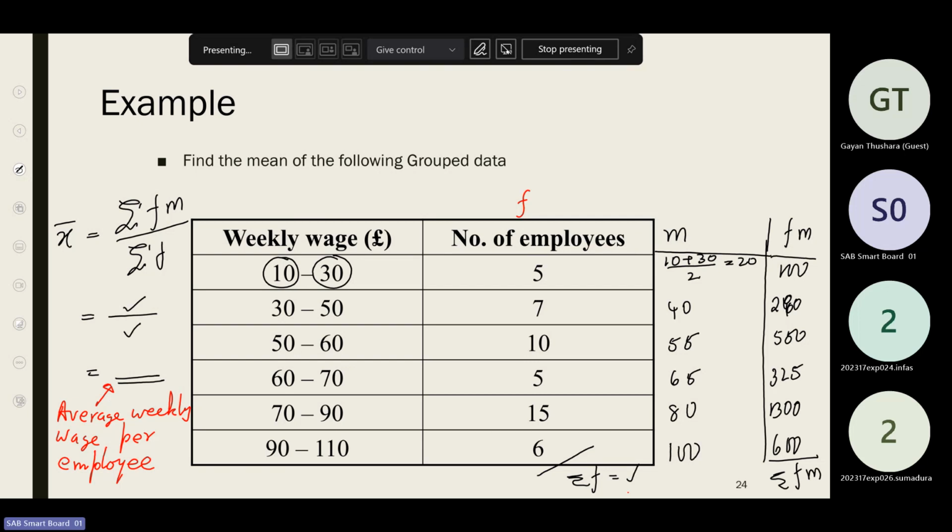So what's the final answer? I will calculate. 63.65. That many decimals, if you want, you can include.